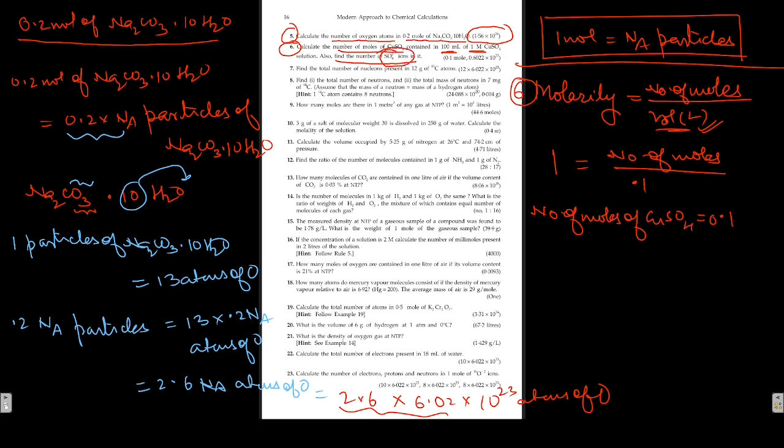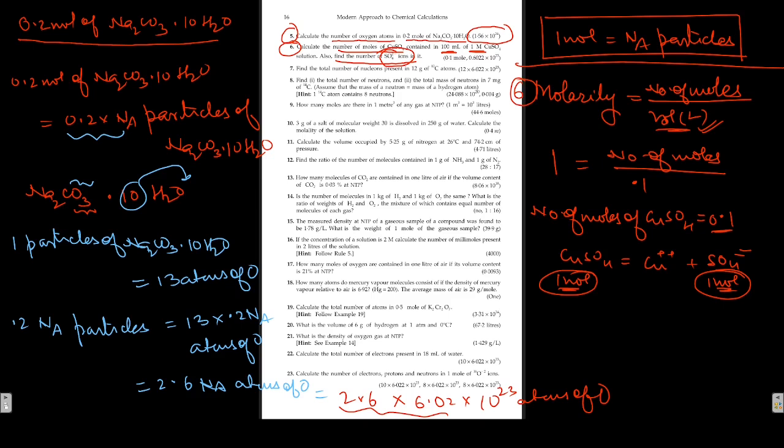CuSO4 is Cu plus 2 plus SO4 minus 2. If it is 1 mole, then it is also 1 mole of sulfate. So 1 mole will give 1 mole of this. It means 0.1 mole will give 0.1 mole of this.